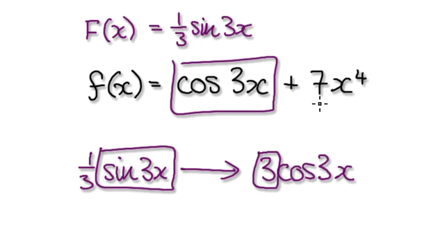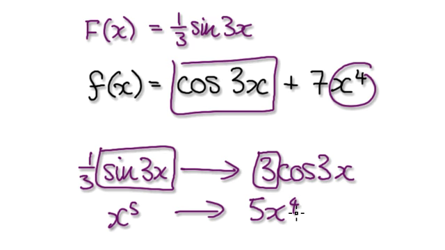Okay. And then now for this one here, let's make a guess. Let's start out with a guess of x to the power 5. When you differentiate x to the power 5, it will give you 5x to the power 4. So the power 4 is good, but then we need to make the adjustment here. Let's try 7 over 5.